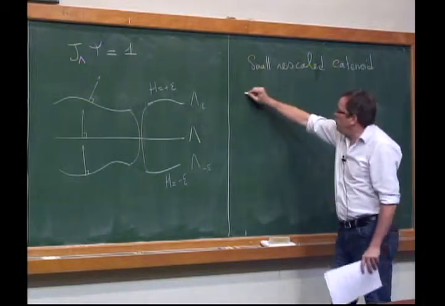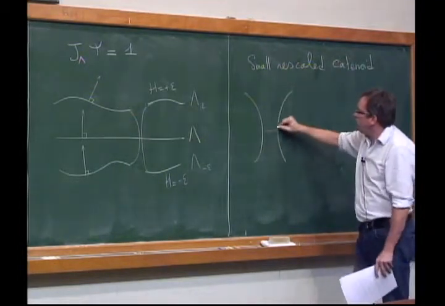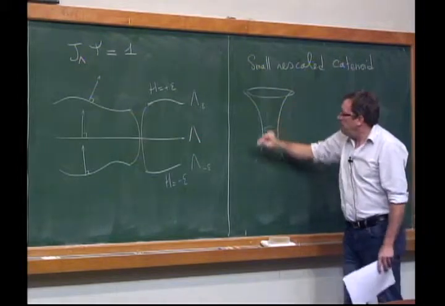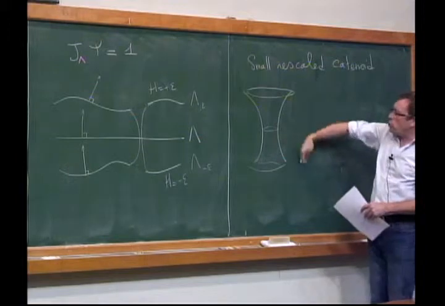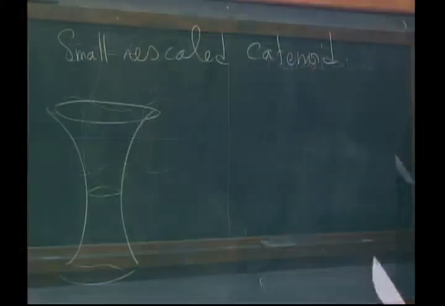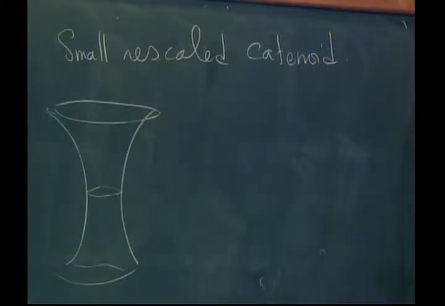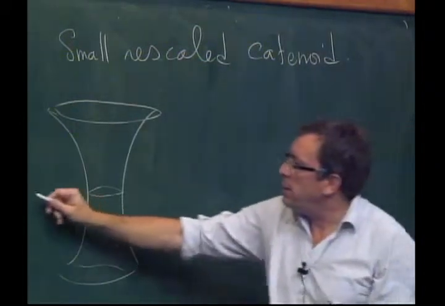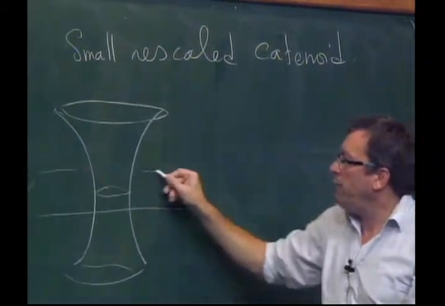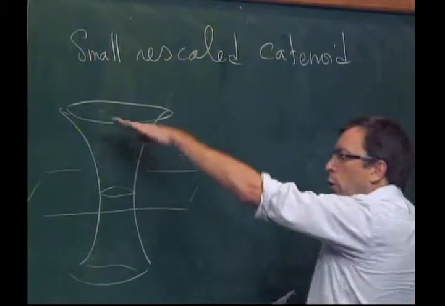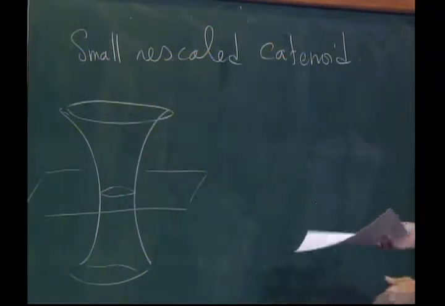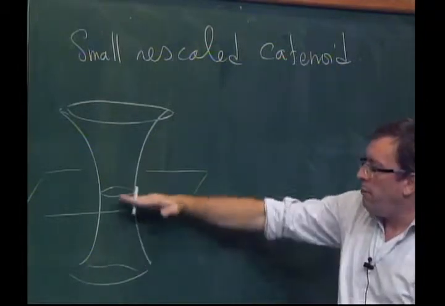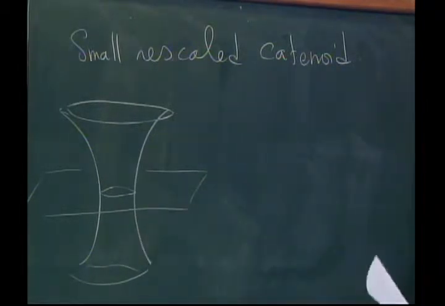So the catenoid in Euclidean space is the surface of revolution generated by the catenary curve. And what is also possible to see is that this is a bigraph. So you can cut it in two halves. The upper half is a vertical graph, and the lower half is also a vertical graph, for some function.